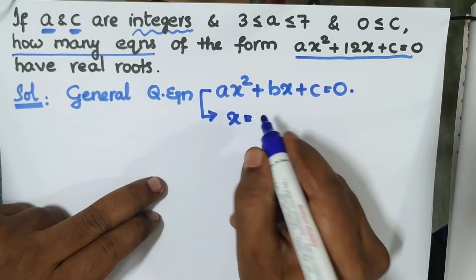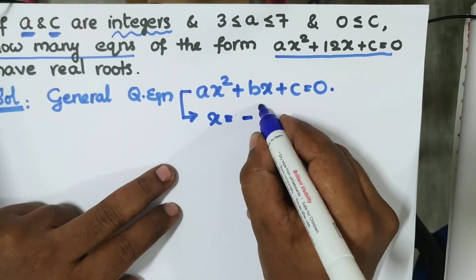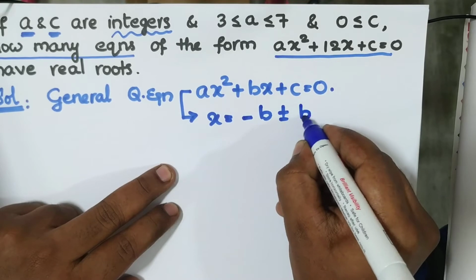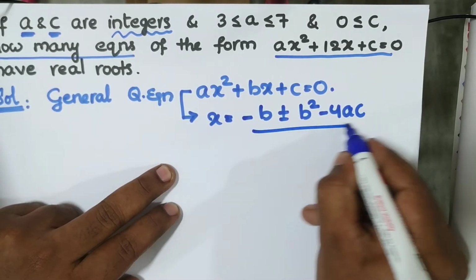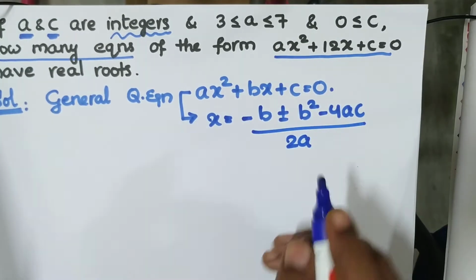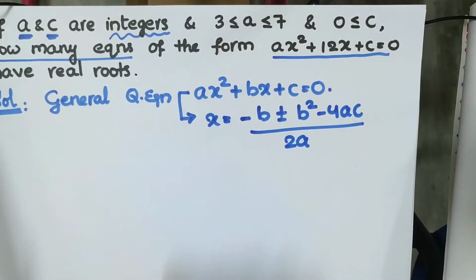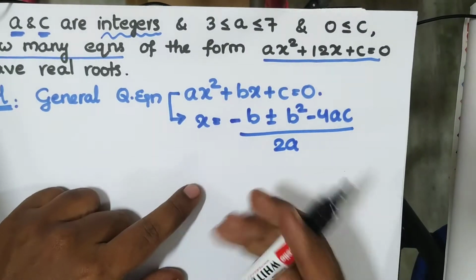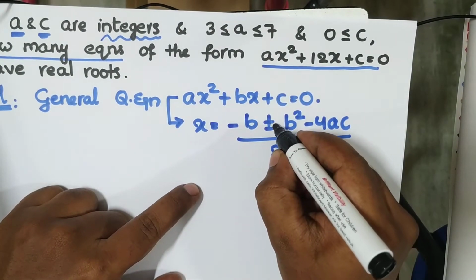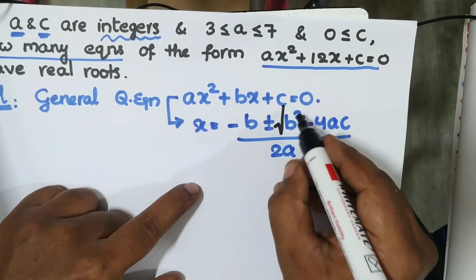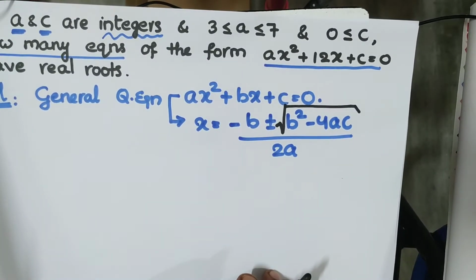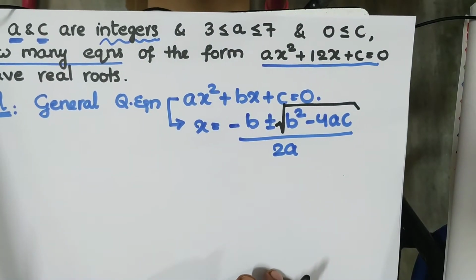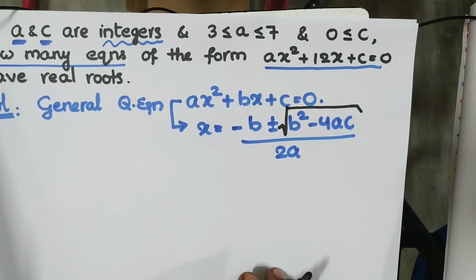So roots: x equals minus b plus or minus the square root of b square minus 4ac, divided by 2a. Did we forget anything here? Yes, this discriminant always wants some shelter. So now the discriminant is sitting inside the square root. Square root is its shelter.